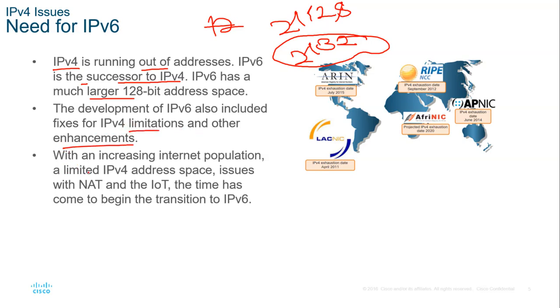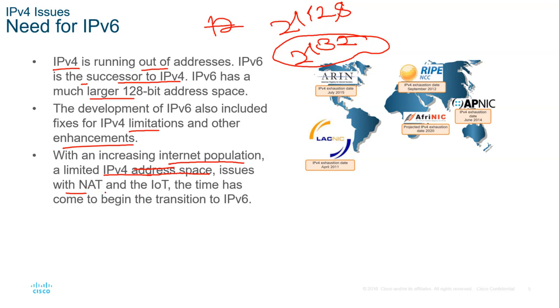So we have an increasing internet population, a limited IPv4 address space, and issues with NAT. The internet population has increased now. And then we have the issue of IPv4 address space, that IPv4 addresses are few.